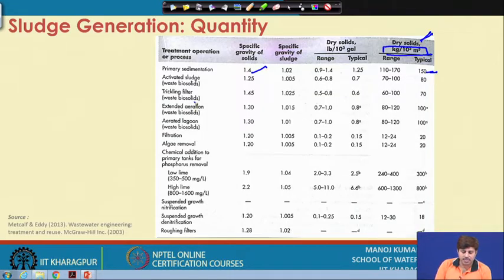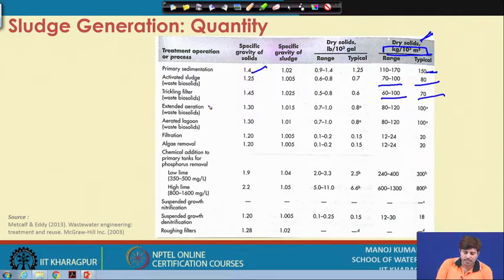The activated sludge, which is your waste biosolids, is of the order of 70 to 100 with a typical value of 80 kg per 1000 meter cube.